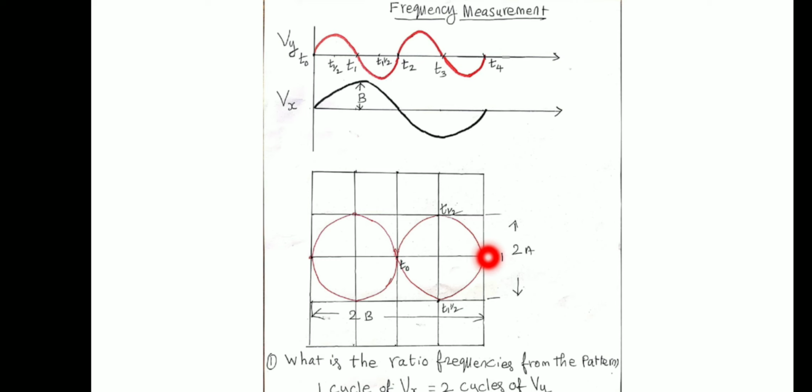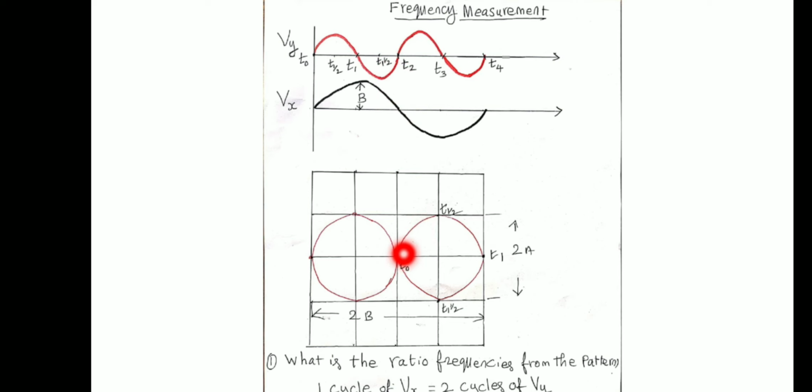And at t1 and a half, again it moves like this because Vy is negative and Vx is coming towards 0. So it moves like this, and at t2 it comes back again to the 0 along this path because at t2 Vx is 0 and Vy is again 0. Right? See here, at t2 Vx is 0, Vy is 0, so it comes back to the center.